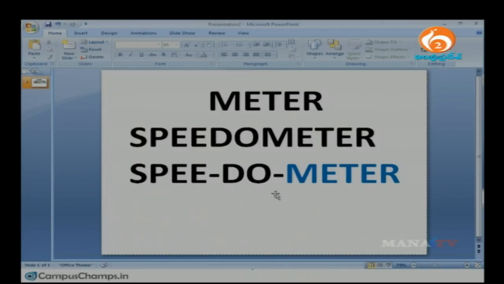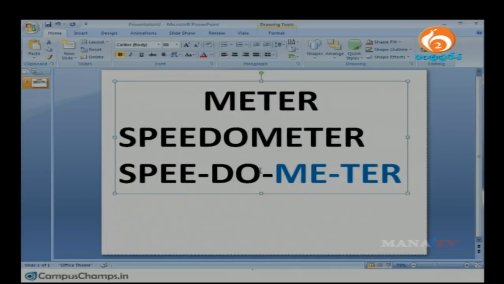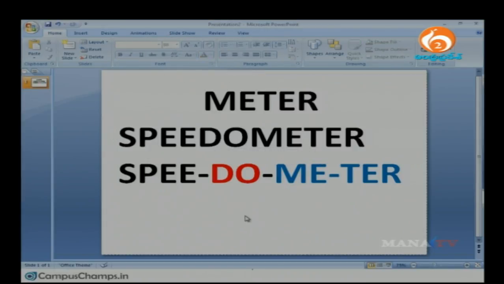Now this is an exception because here meter is taken as 2 syllables itself. All right. Now here if I take this as 2 syllables, me and ter, do will take the stress. So I pronounce this as speedometer. If you say speedometer, that's a wrong and incorrect pronunciation. Speedometer is the correct pronunciation.